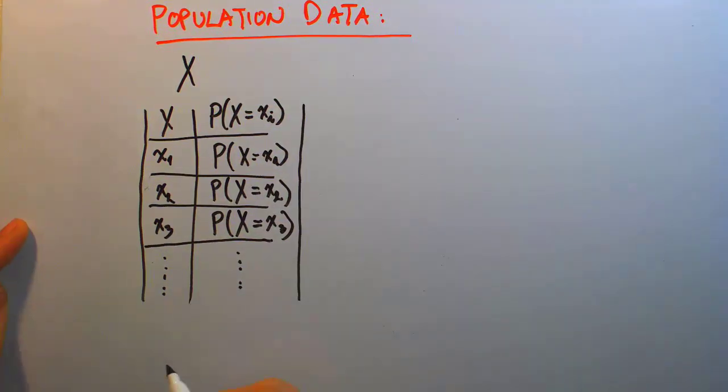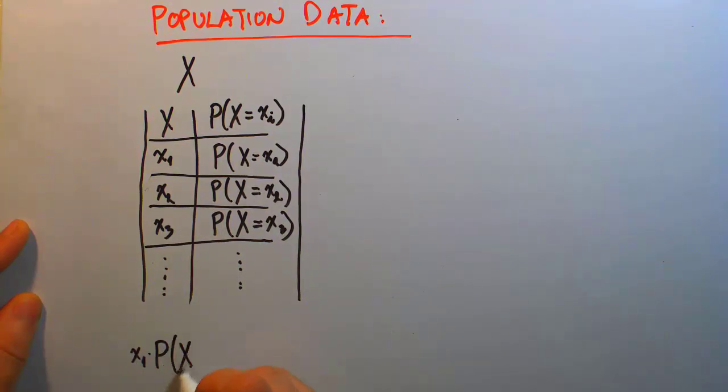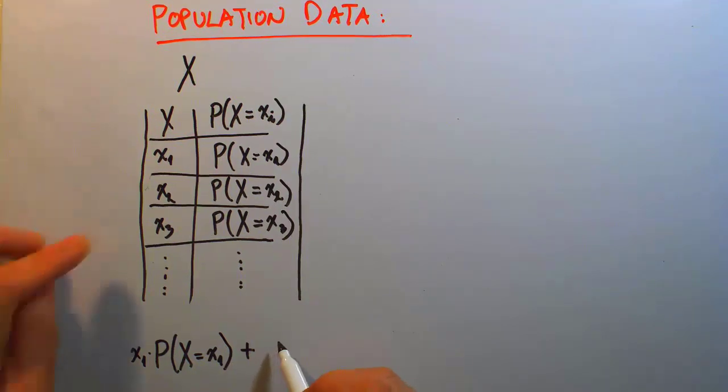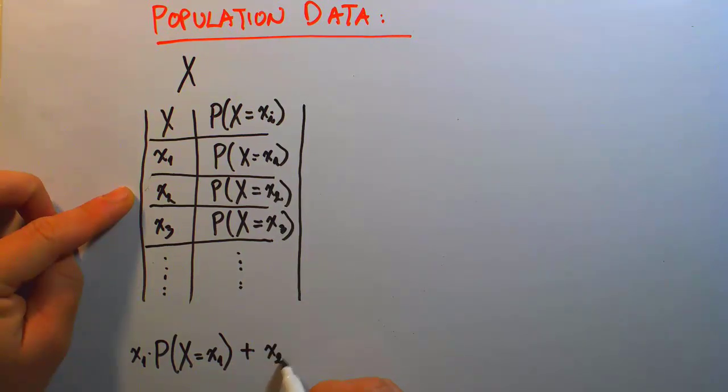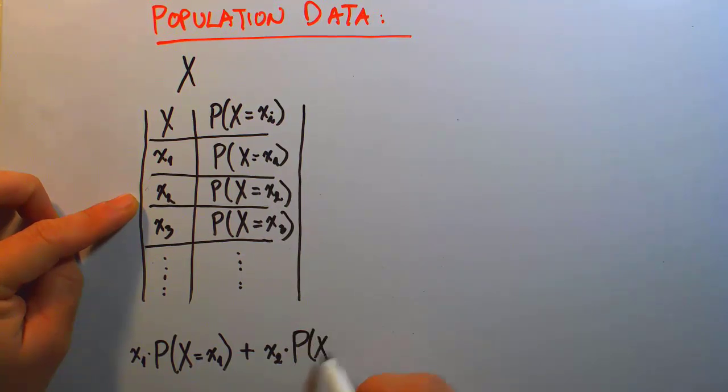And so the mean value can be found by x1, the value on the left hand side column, multiplied with the probability correspondingly on the right hand side column. With that product, we're going to add the product of x2 multiplied with the probability on the right hand side.